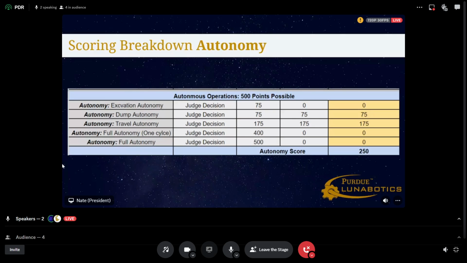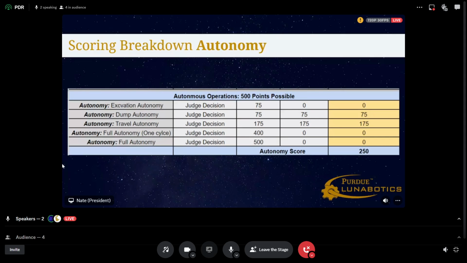Yep. What's defined as a cycle? So a full autonomy cycle is defined as a full traversal, excavation, and deposition cycle. I do not believe you have to actually traverse. Well, I take it back.